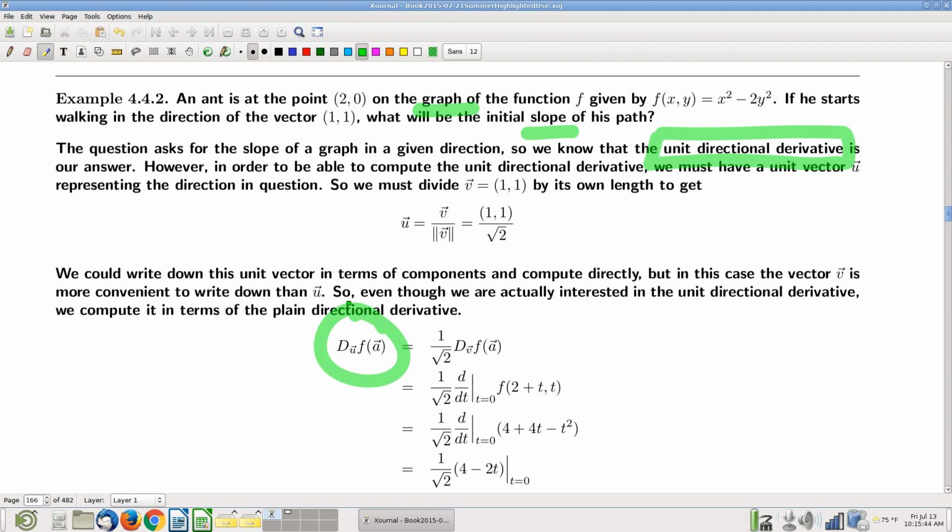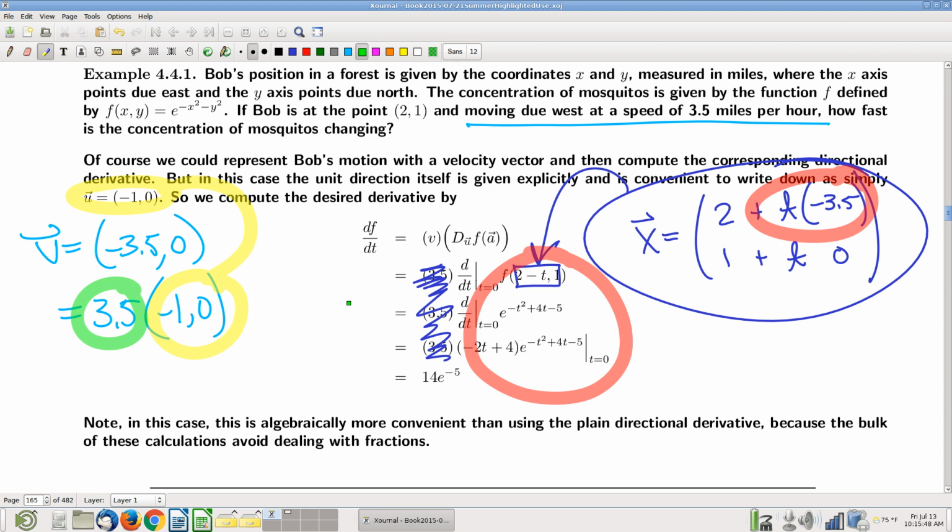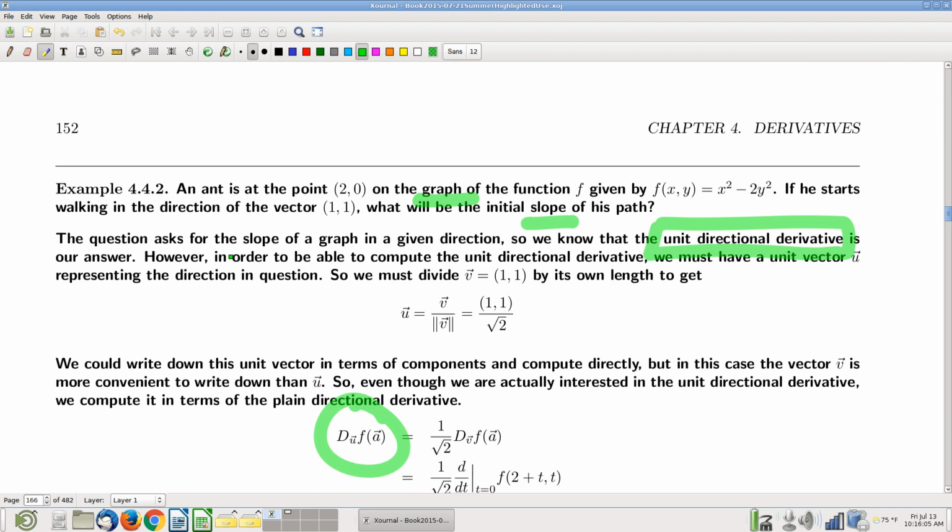All right, now that being said, how do you compute the unit directional derivative? There's a temptation to say, and we've already seen how unit directional derivatives are always just so wonderfully easy to compute, and not so. Unfortunately, we got lucky in this case. In this case, it happened to be that the unit vector was convenient. The unit vector was convenient because it had integer coefficients. Here's the thing.